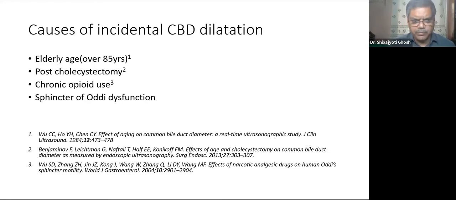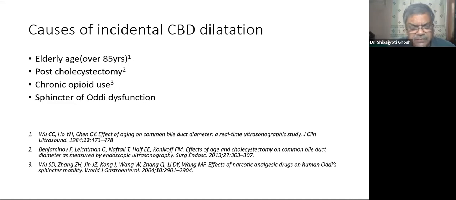And also in post-cholecystectomy patients, particularly 2 years after the operation, there is supposed to be some dilatation of the common bile duct, because the storage function of the gallbladder is not there. So to compensate that storage function, the common bile duct may take up some of its burden, and it may get dilated. Chronic opioid use is another cause, although it is not so very common in our country.